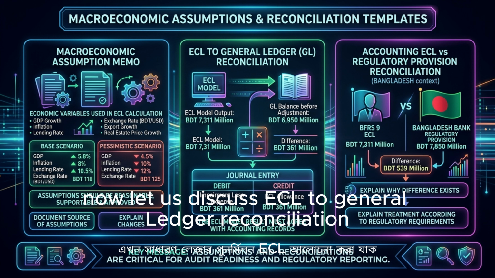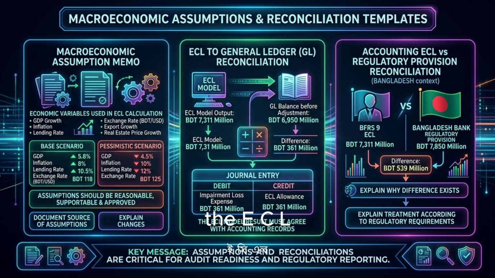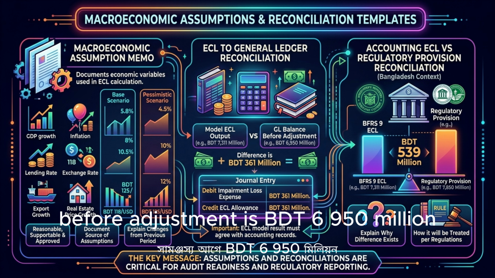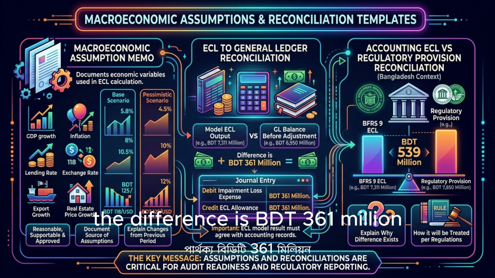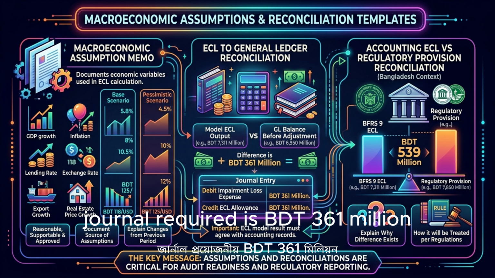Now let us discuss ECL to general ledger reconciliation. Assume ECL model output is BDT 311 million. The ECL balance in the general ledger before adjustment is BDT 950 million. The difference is BDT 361 million. Therefore, additional impairment journal required is BDT 361 million.